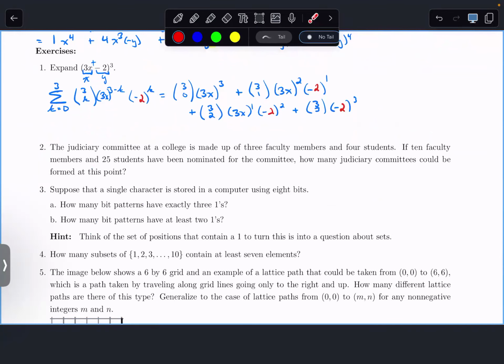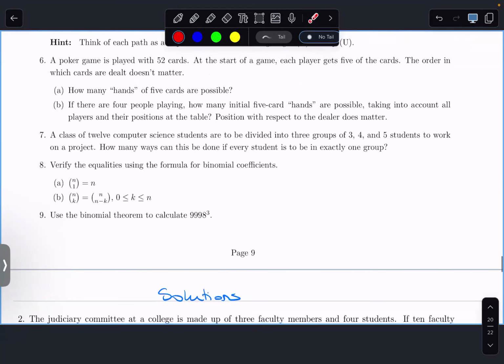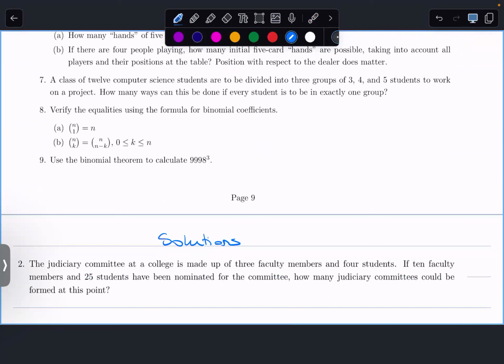Okay. I will add a hint here. For the very last question, you have to use the binomial theorem to calculate 9,998 to the power of 3.